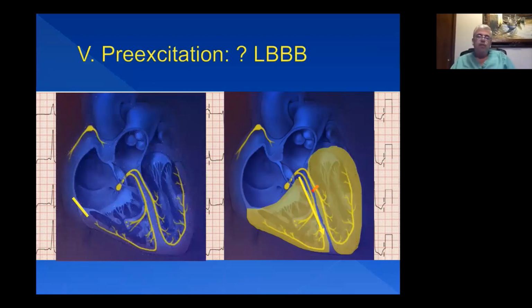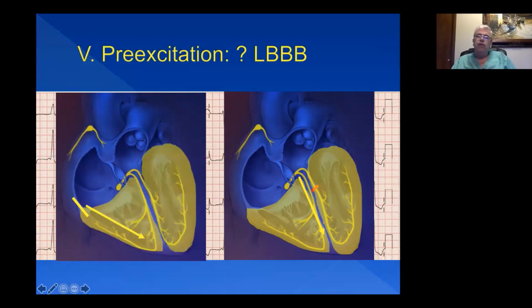Well, what happens if you have an accessory pathway on the right side? The impulse comes from here, jumps down the accessory pathway, and activates the right ventricle before the left ventricle. Why? Because the AV node is slowing the conduction down, and activation started here first. And that will give us the right ventricle activation before the left ventricle. So what looks like left bundle could be ventricular pre-excitation.